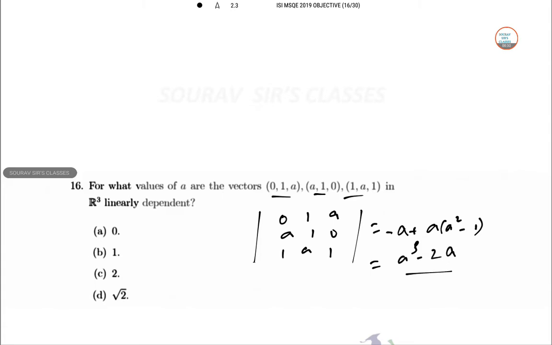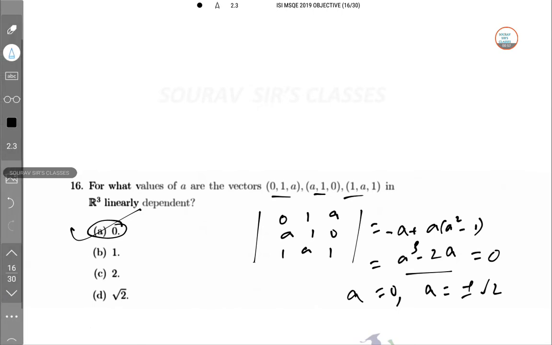Since the vectors are linearly dependent, this will be equal to 0. So A equals 0 or A equals plus minus root 2. So 0 is one possible answer that we can get here.